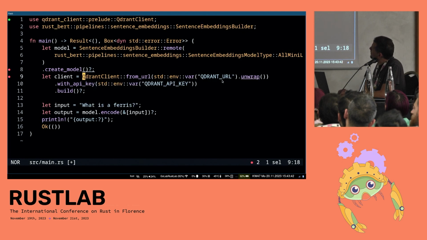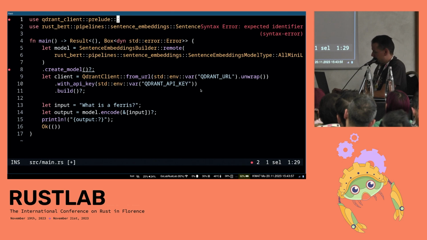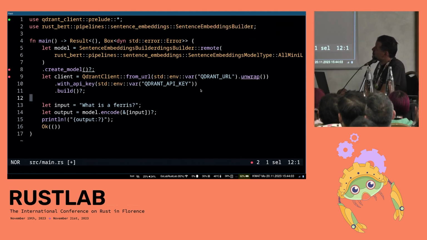You need to unwrap the second bar and bar. No, I don't need to unwrap it. The nice thing here is that I did a PR to the Qdrant client library that gives me the option to just use a result there and it will unwrap it directly.